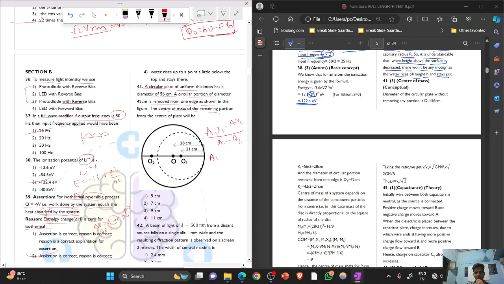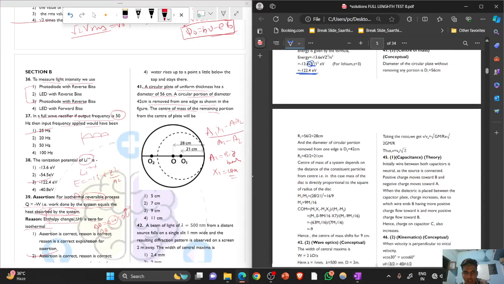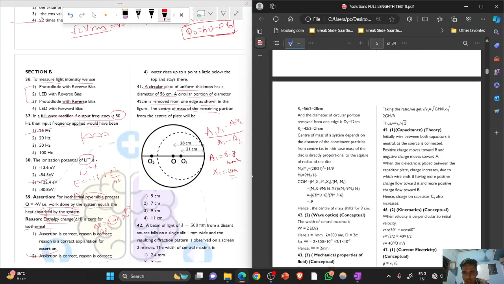Here A1 is the big body area, x1 is the center of mass of the big body, and A2 is the cut out part. You just put in the values of A1, x1, A2, x2 and find the value. After solving, it comes out to be 9 centimeters.